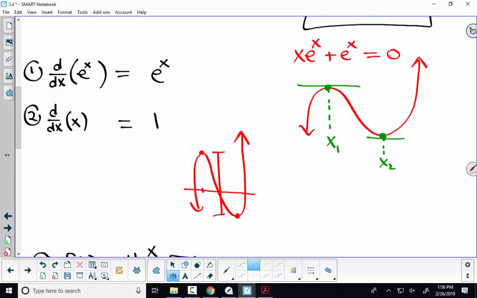The best we could do is just pick some points in between and see where they're at. So with the idea of a derivative and where the derivative is horizontal, or equal to 0 rather, we're specifically able to find those maximums and those minimums.